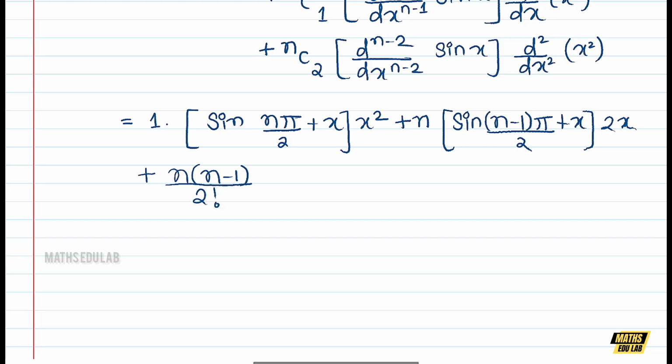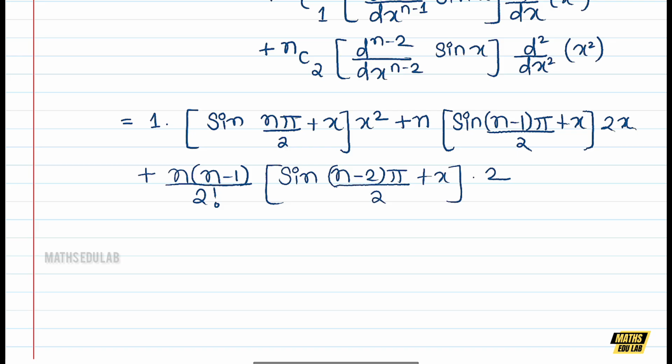Then again I have the (n-2)th derivative of sin x, so in place of n I will replace n minus 2. So I can write it as sin of ((n minus 2) pi by 2 plus x), and the second derivative of x square will be 2.